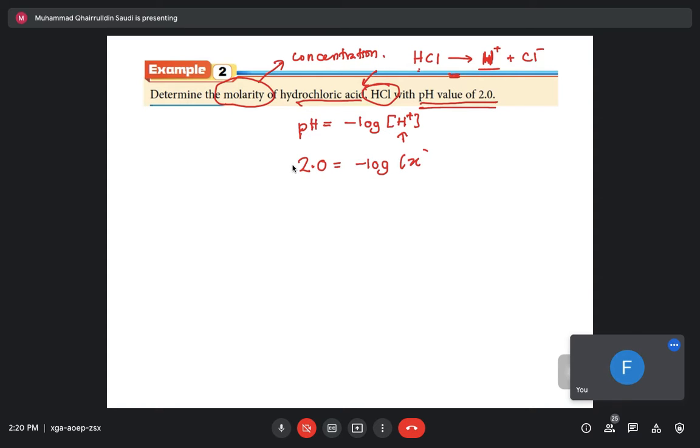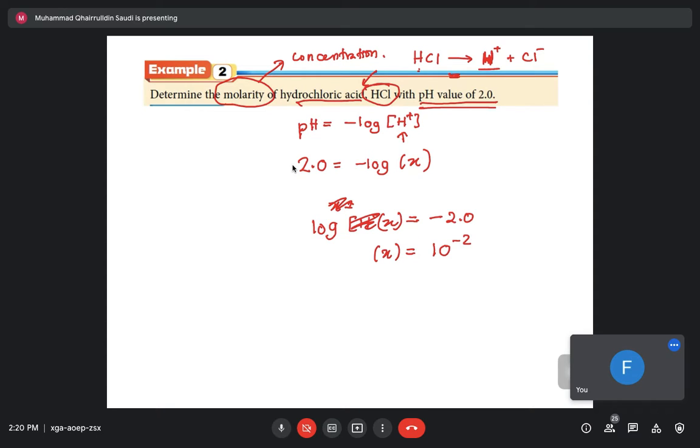So, X will be, macam mana kita nak reverse log? Reverse log tukar semua. Okay, this is mathematic punya part. Awak dah belajar tentang logarithm, right?